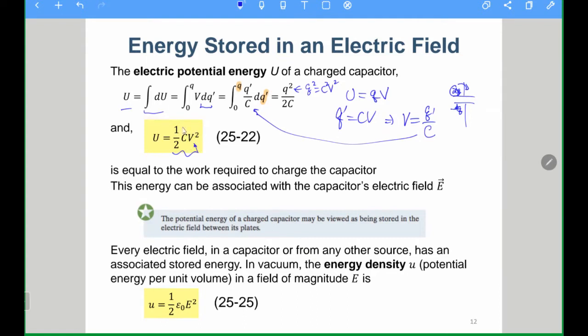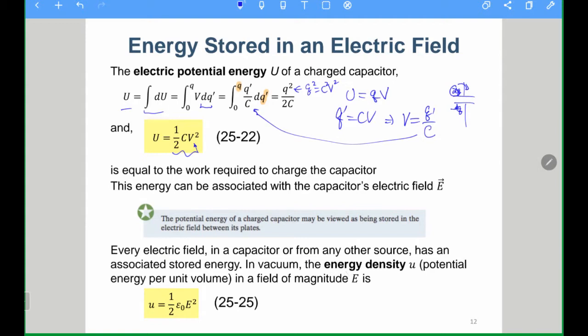And if C is larger, it is a linear increase. So it is equal to the work required to charge a capacitor. This energy can be associated with the capacitor's E field. And this is the expression for the energy density within the capacitor.